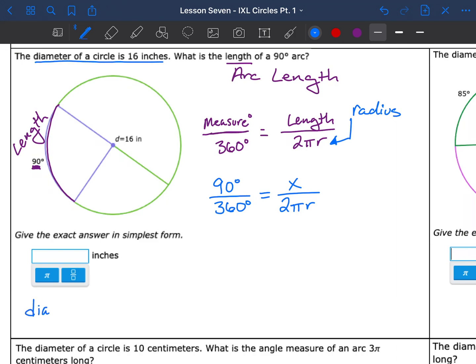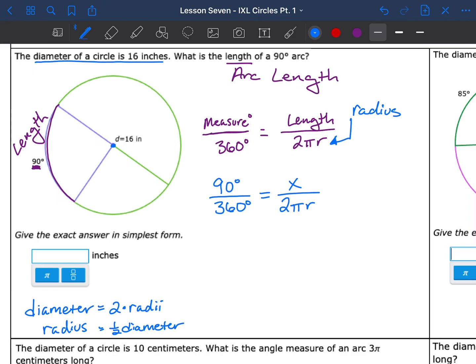The diameter is just 2 times the radius, or double the radius. So if this is 16, the radius is half the diameter.